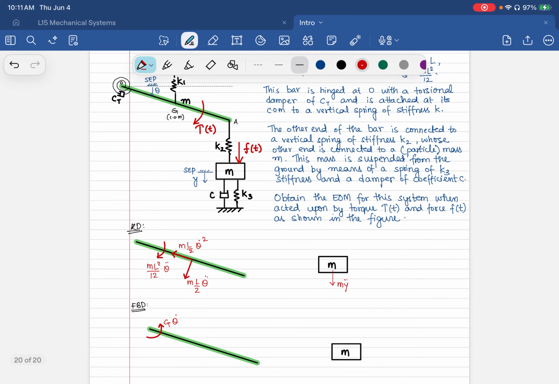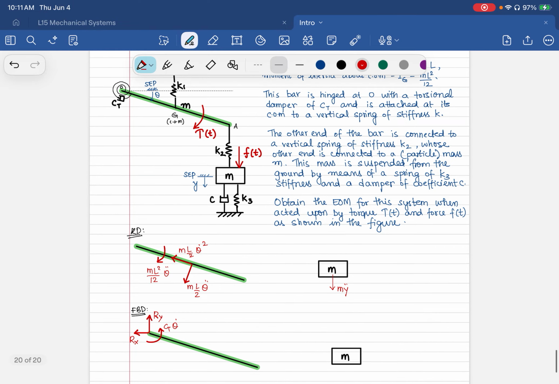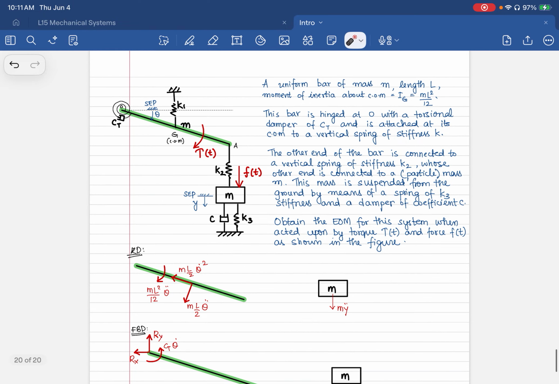I have reaction forces that I must not forget. So this here is Ry, and some component Rx. Okay, this spring, as it comes down, would be in tension.